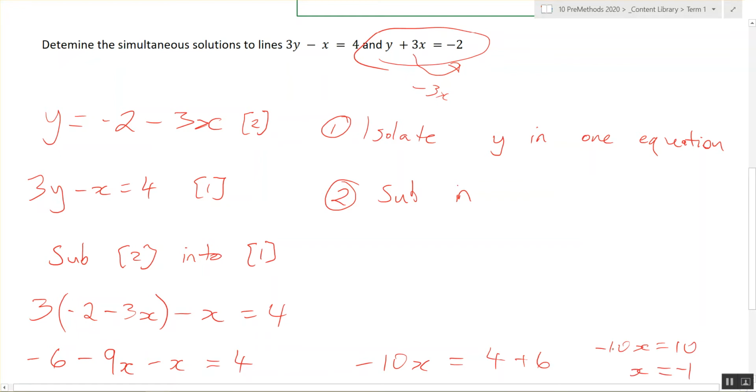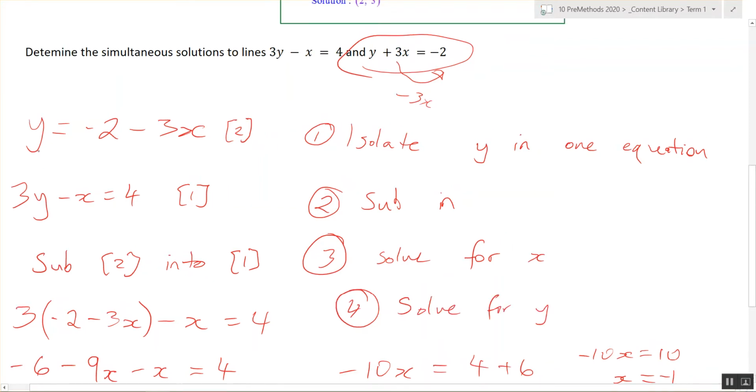Yeah? So we sub in, then we solve. What did I solve for? Solve for x. What do you think is the last step? Solve for y. It's good to use the easiest equation here to save yourself time. So we can pick that one.